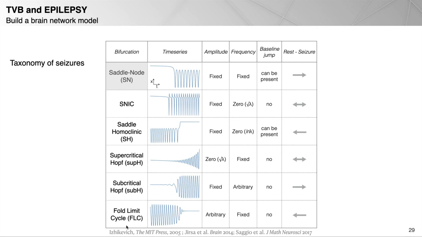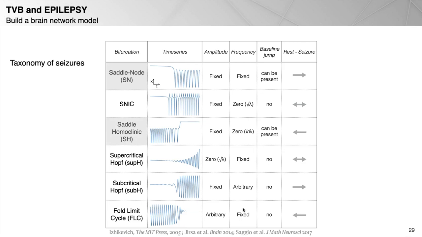However, for the fold homoclinic bifurcation, the oscillations maintain a constant frequency toward the seizure offset, which is not found in the majority of the experiments.